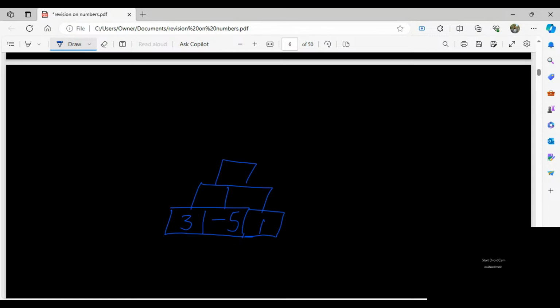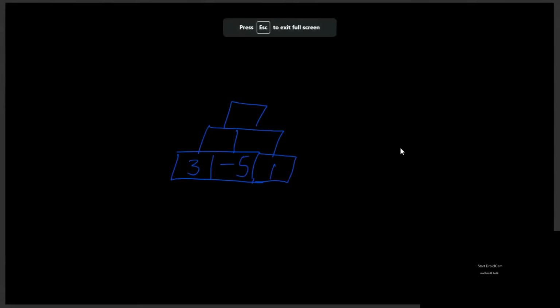So the rule of working with these number pyramids is that what you should appreciate is the fact that these number pyramids are built from the foundation, or from the base going upwards. For example, in this example, we have 3, minus 5 and 1.